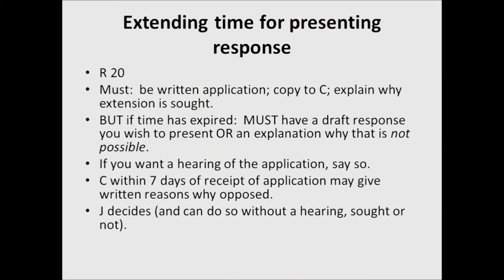An application to extend time for presenting a response under Rule 20 must be a written application, and a copy must be sent to the claimant explaining why the extension is sought. However, if the time has already expired, the application must have a draft response that the respondent wishes to present, or an explanation why that is not possible.